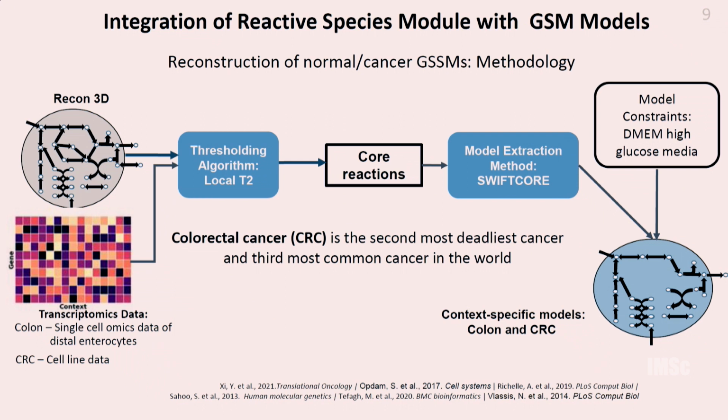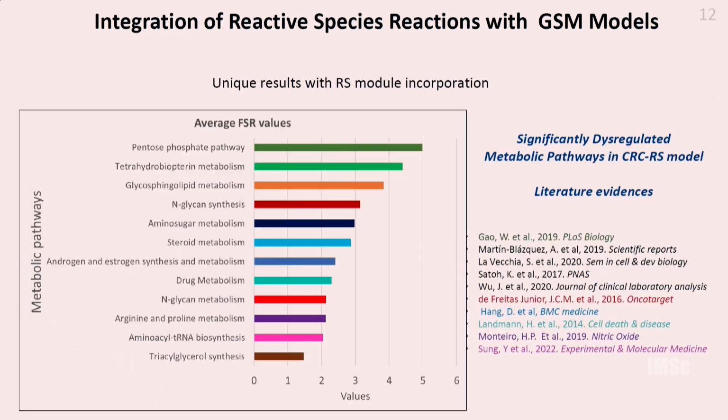We took colon as well as CRC cell line transcriptomics data and built a context-specific model for both conditions without any RS module. Then we integrated the RS module into this model and tried to see whether we can get better insight with or without the RS module.